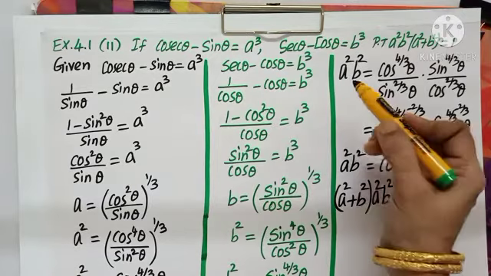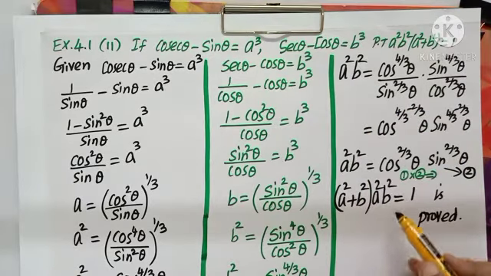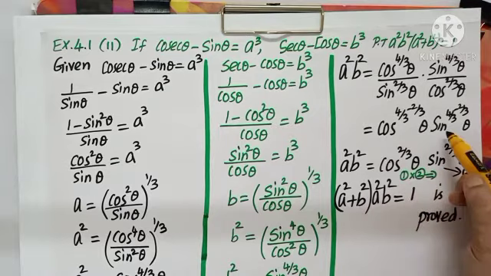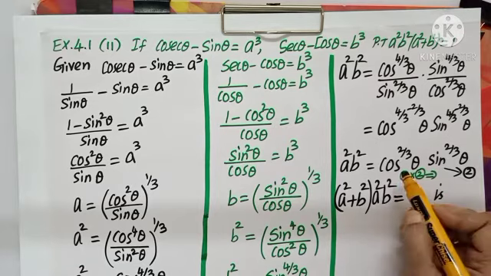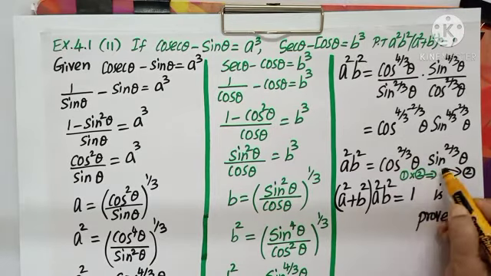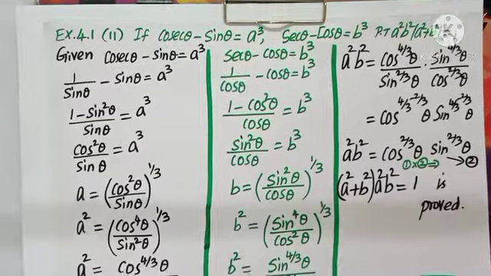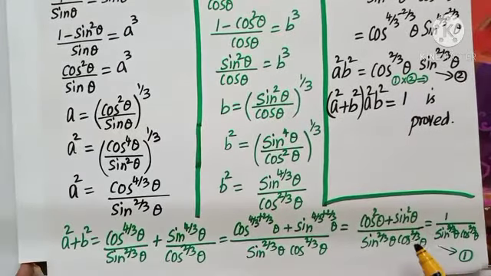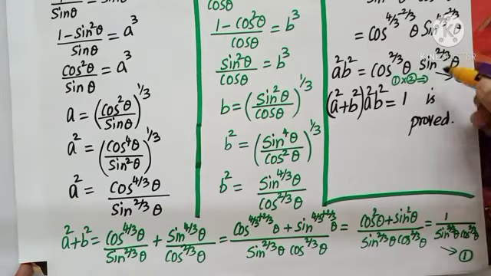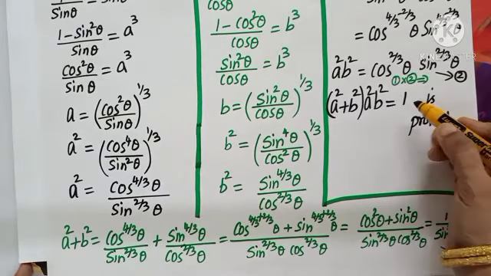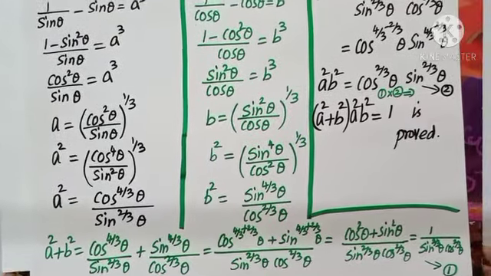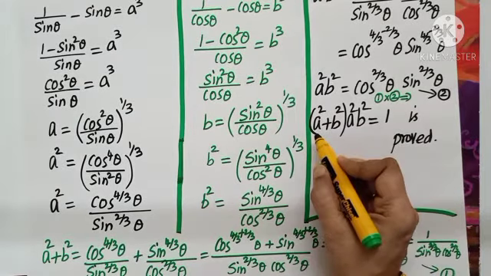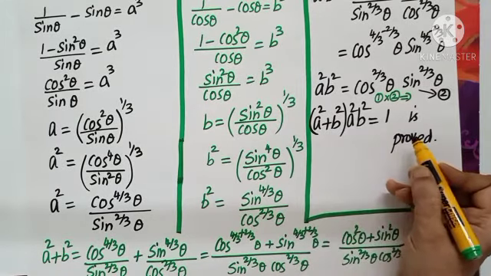The next step, a square into b square gives us cos power 2 by 3 theta into sin power 2 by 3 theta. When I multiply, here I have cos power 2 by 3 and sin power 2 by 3 in the numerator. In a square plus b square, we have it in the denominator. When I multiply, they get cancelled and my answer is 1. So multiplying 1 and 2 gives us the result a square b square into a square plus b square equals to 1.